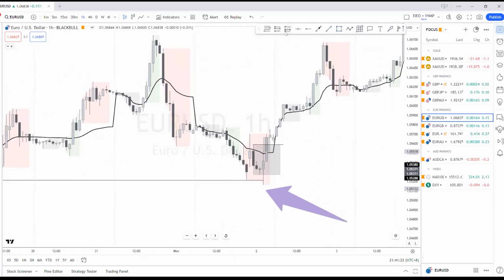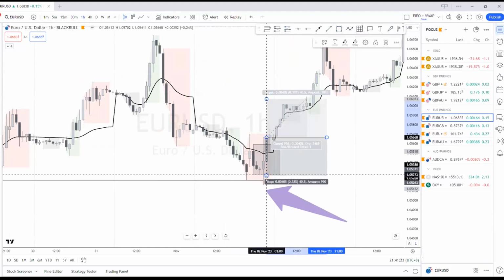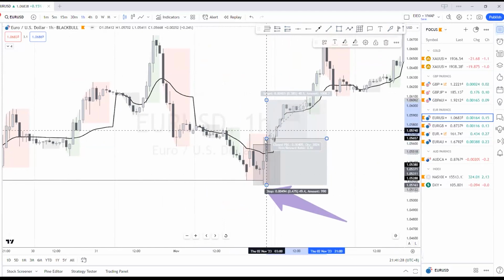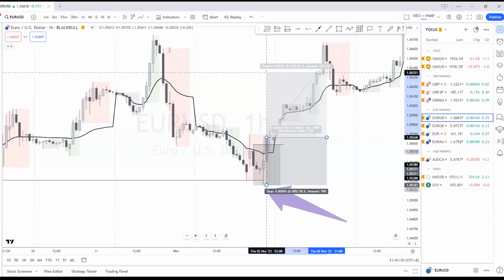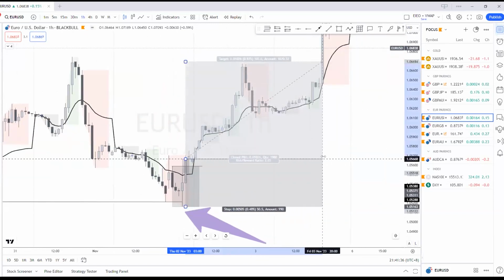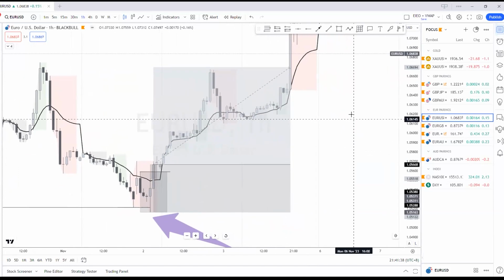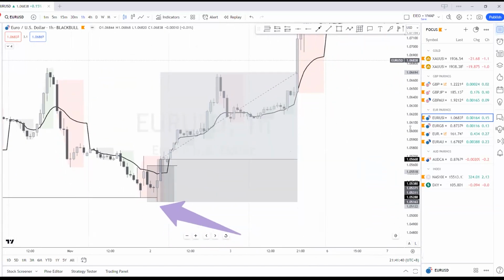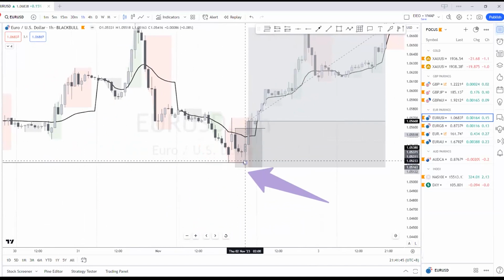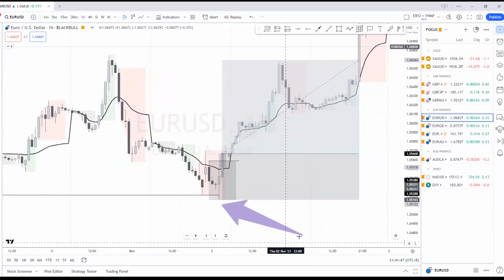Hence, I just straight off enter from here and my SL at here. And I'll be targeting this high. That's one of my TP trades. Basically, it's the accumulation, manipulation, and distribution strategy.